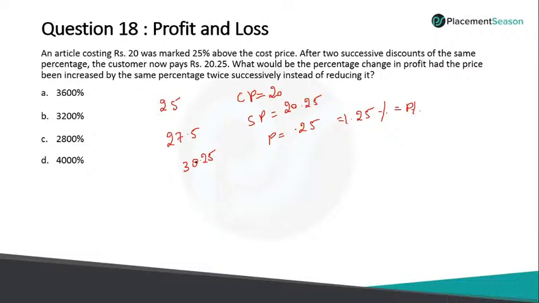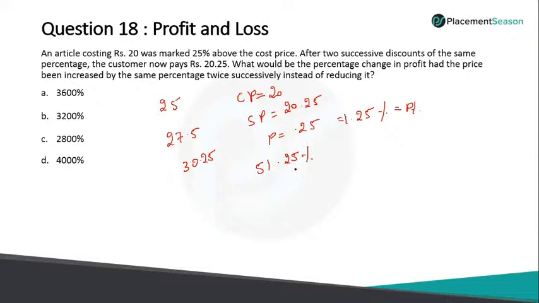So now the cost price is 20, the selling price is 30.25, the increase is 10.25. 10.25 is 51.25% profit in total, but they're asking the change in profit. So first 1.25%, now 51.25%.